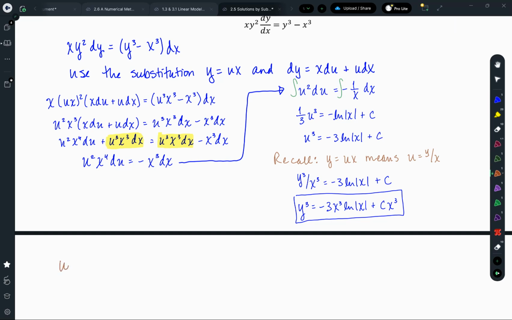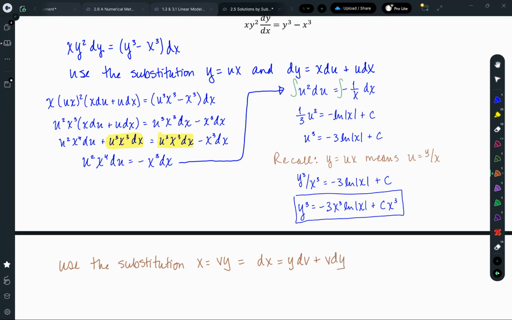Now we're going to use the substitution x is equal to vy. And with that substitution, I need a differential as well. So taking the differential, dx is equal to, d of the first will be dv, so I get y dv, plus d of the second will give me dy, so I get v dy.